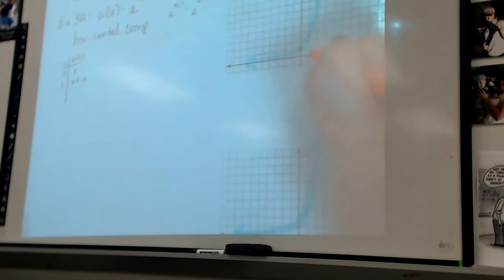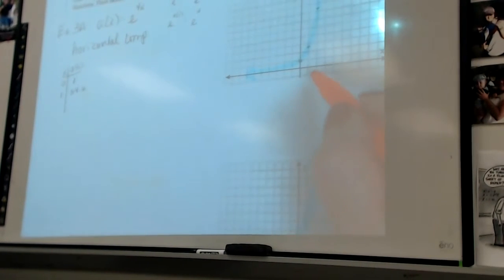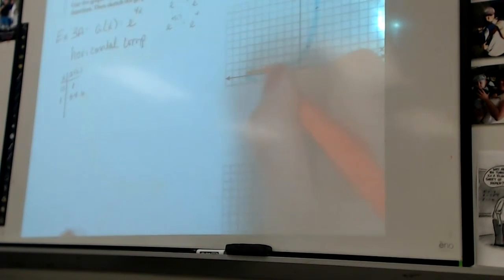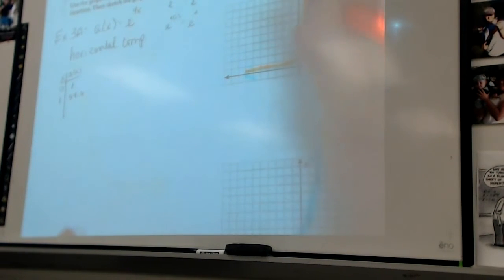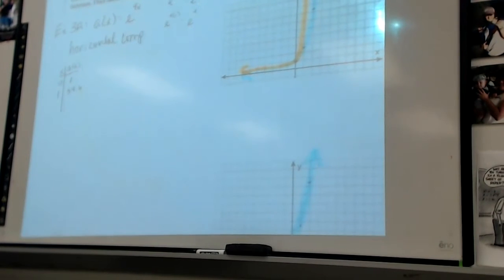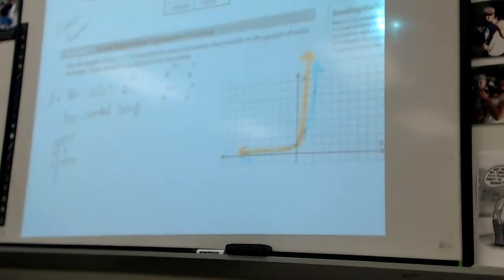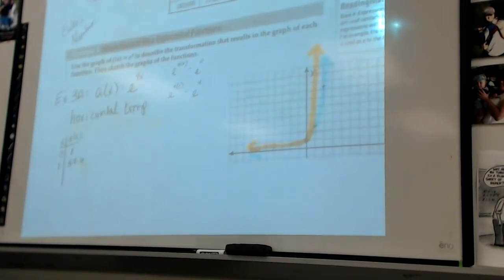What you've got to understand is that if we're going to sketch this, at 1, we're going to have to be at 54. So that means this thing is getting steep fast. It's going through 0, 1, and then shooting up like that.